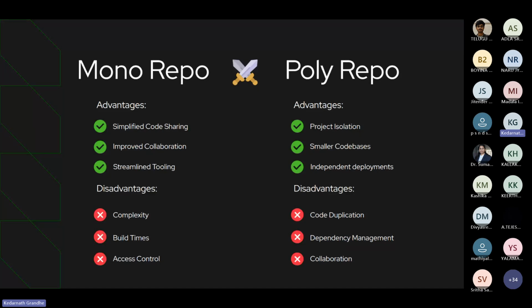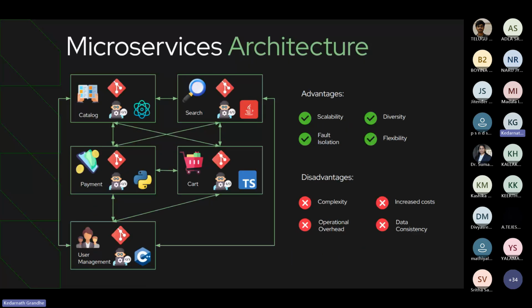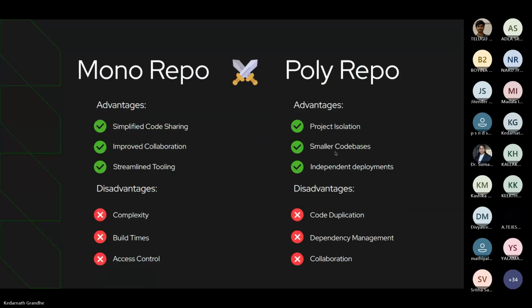So dependency management is hard, collaboration is a bit hard, but you get smaller code bases. If the application as a whole is 1.5 GB, when you split these services, each might be 200 MB or something, and it's easier and faster to deploy, right?